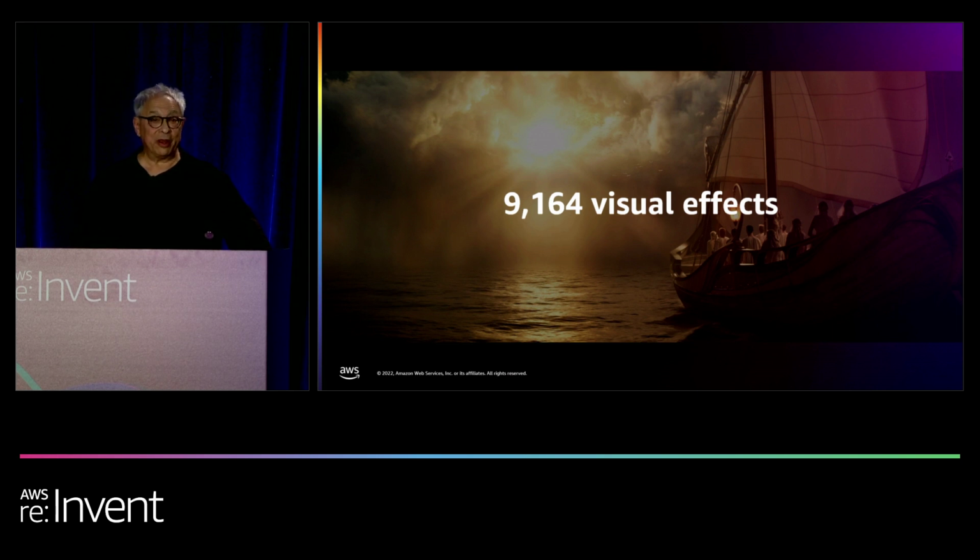Some of the big movies that I've worked on, those are singular 2-hour, 1,500 to 2,000 shot shows, which are huge. This was 9,000 visual effects across 8 hours of theatrical quality film. How were we going to do that? We had no idea.